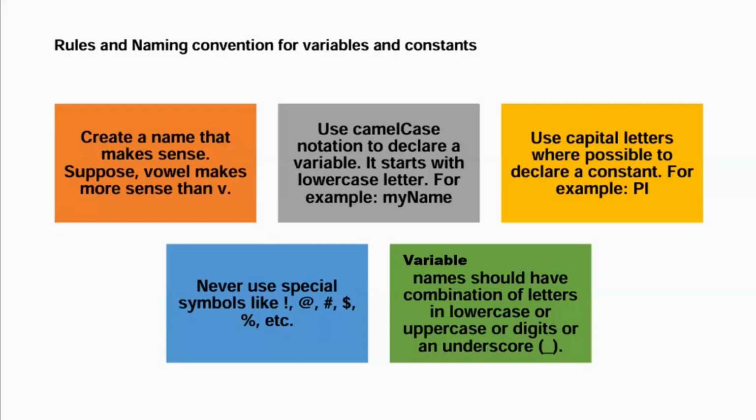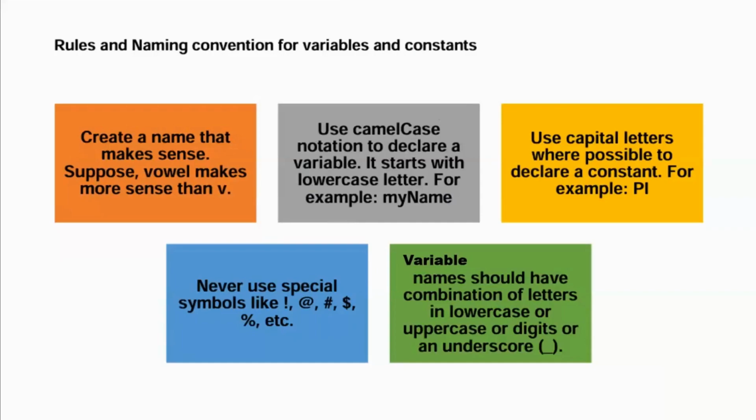Second, use camel case notation to declare a variable. Camel case means the beginning letter is small. But if you have connecting words, then for the second word, the continuation word, keep the first letter as capital. Like if I say total sum, I will keep T of total as small and S of sum as capital.